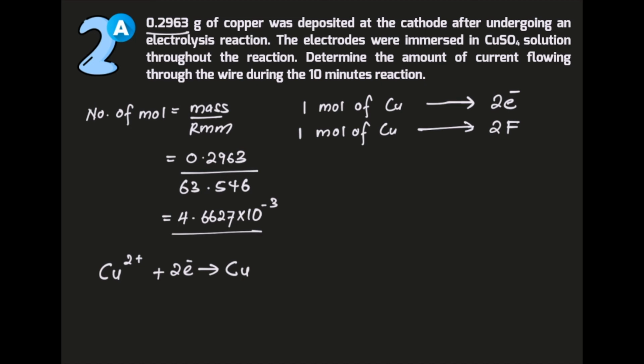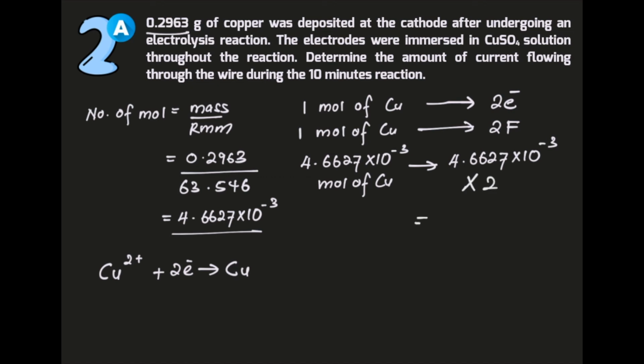But we have less than 1 mole, so we have 4.6627 times 10 to the power of negative 3 mole of copper. So this value, you need to times 2. Therefore, you should get 9.3254 times 10 to the power of negative 3 Faraday.